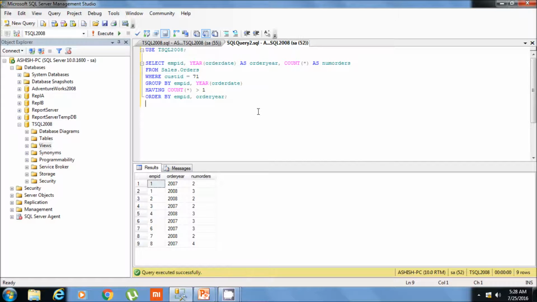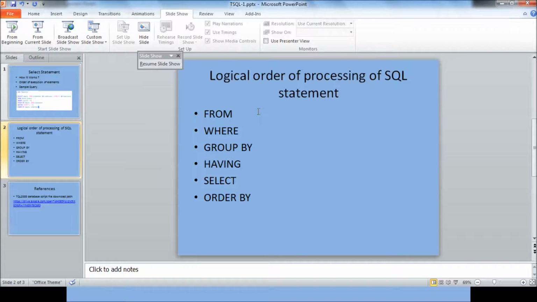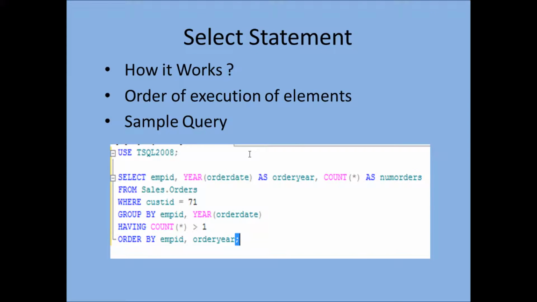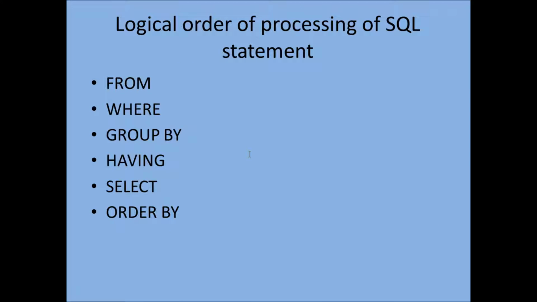Okay, when we execute this, it gives us the result. I will also talk about what exactly this query is doing behind the scenes. Okay, going back to the slide. So here is the actual logical order of processing of a SQL statement.